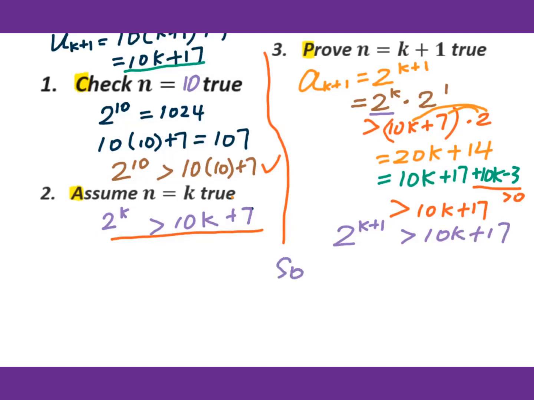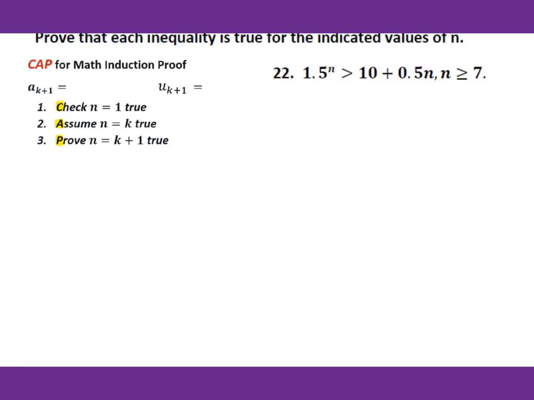So 2 to the nth power is greater than 10n plus 17 for n greater than or equal to 10. Now go to number 22. A sub n equals this, and u sub n equals this one.